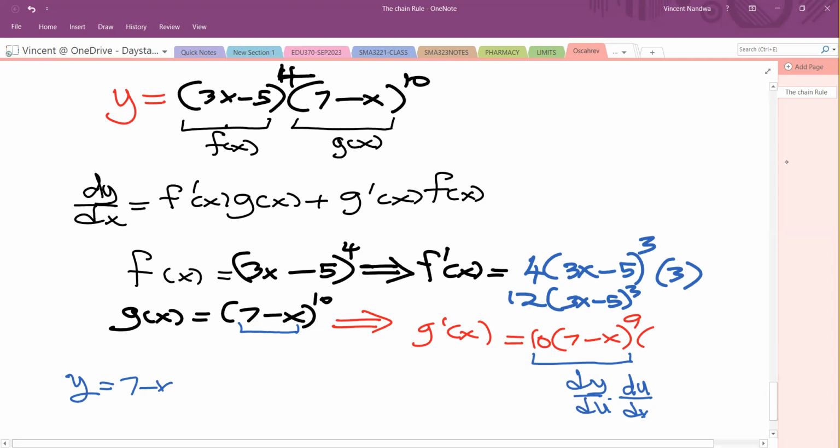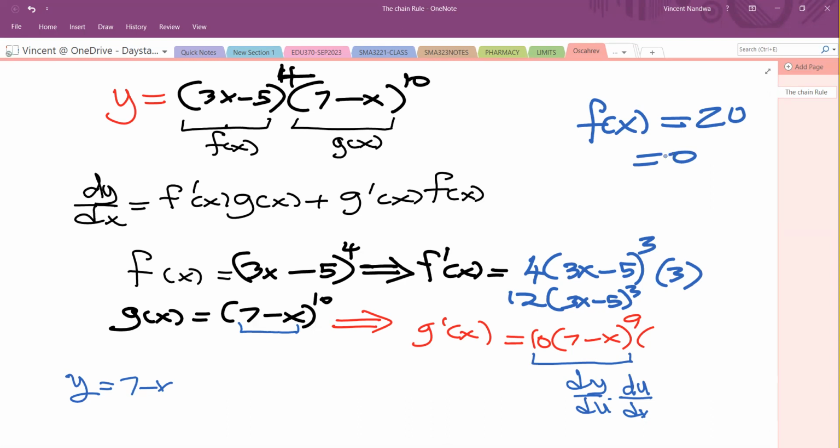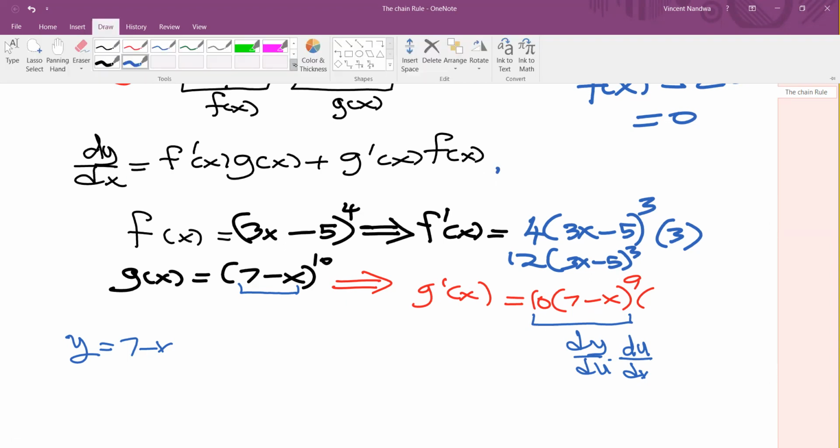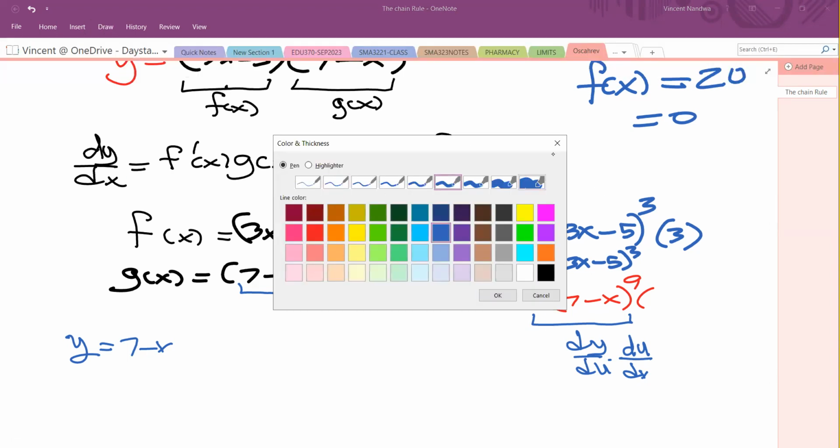I remember you are the one who told me that the derivative of f of x equals 20 is 0. And 20 is a constant. So when you differentiate a constant, you always get 0. Note that. Derivative of a constant is always 0.